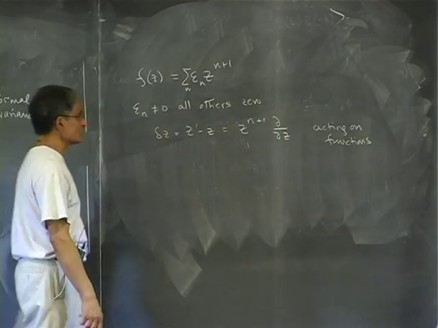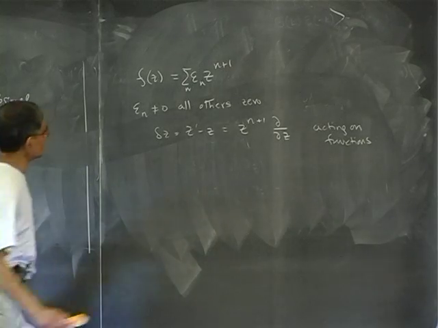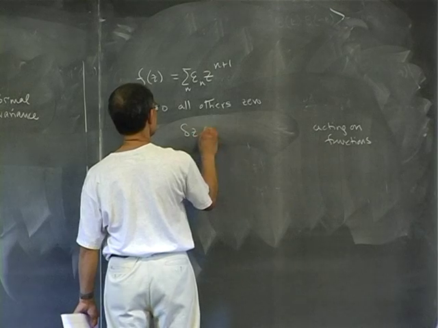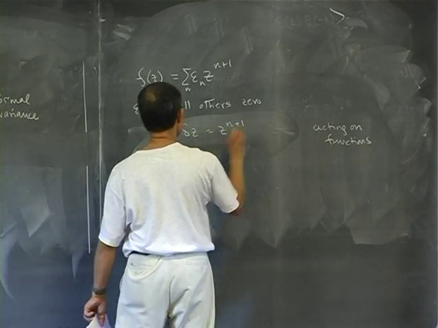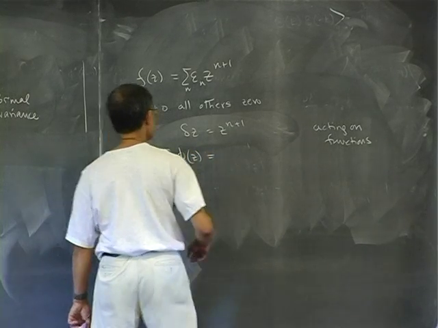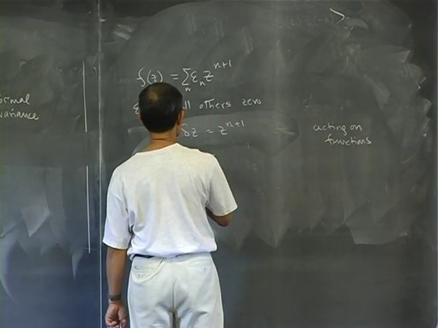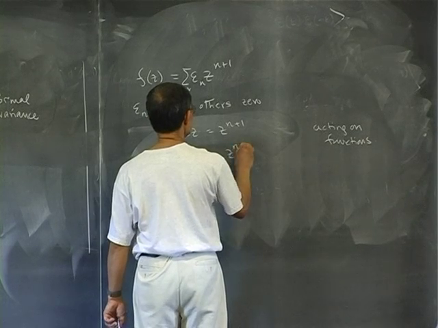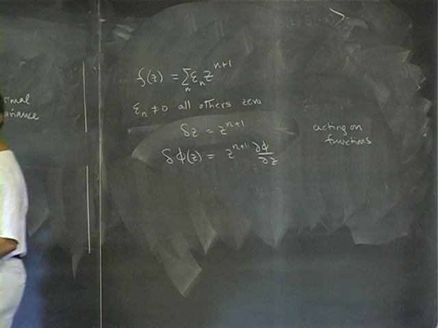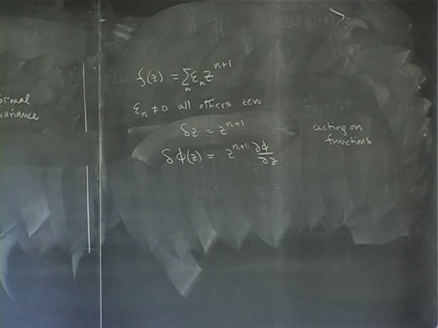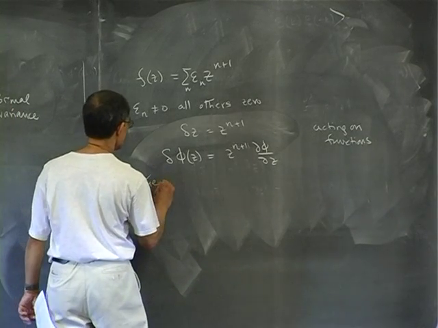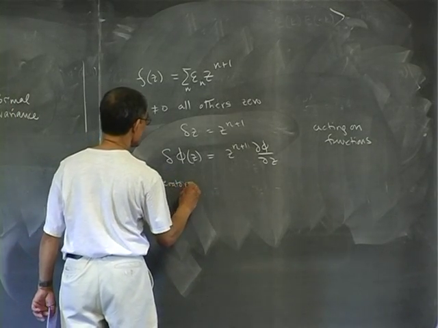I should not say delta z, I should write delta z is z to the n plus 1. So, delta of some function phi of z is z to the n plus 1 del phi del z. So, acting on regular functions, we call these the generators of the conformal transformations.